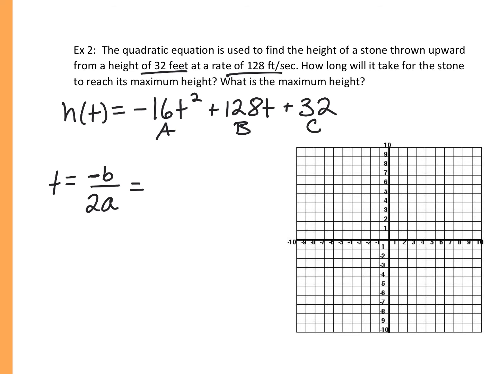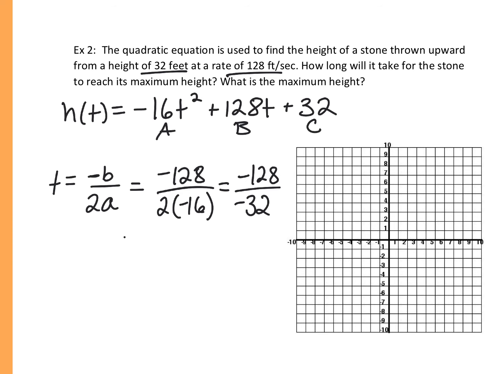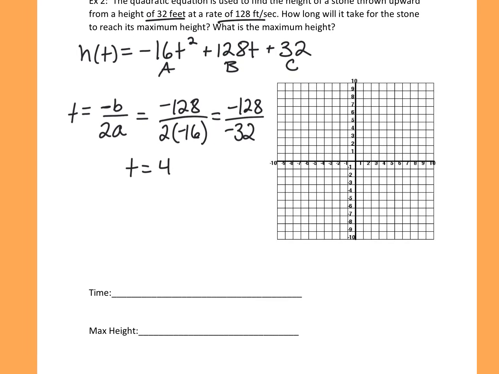Good, negative 128. 2 times negative 16. What is 2 times negative 16? Negative 32. And so I just need to do negative 128 divided by negative 32. T equals 4. Is that what everyone got?